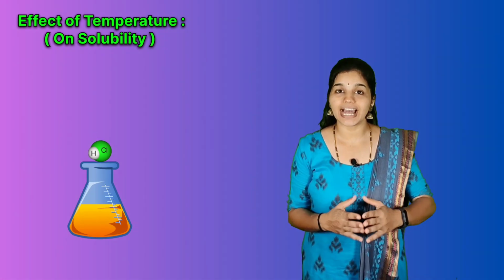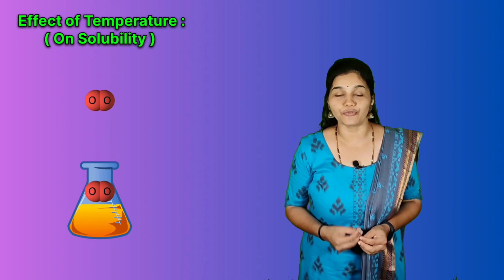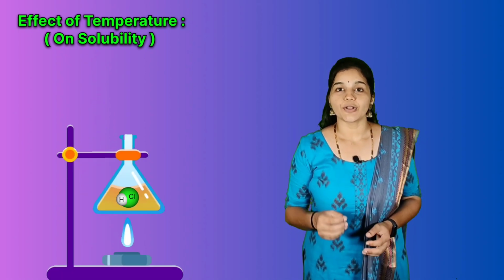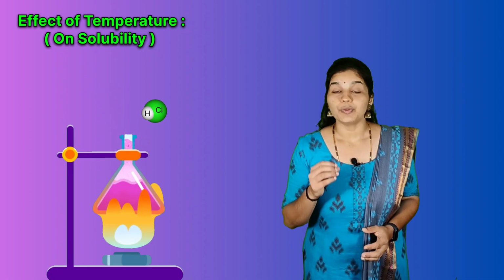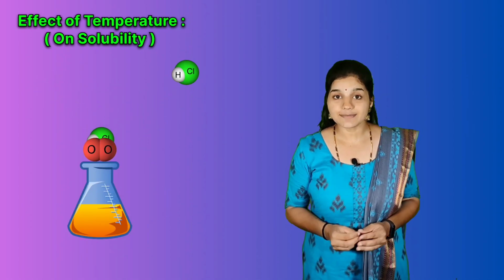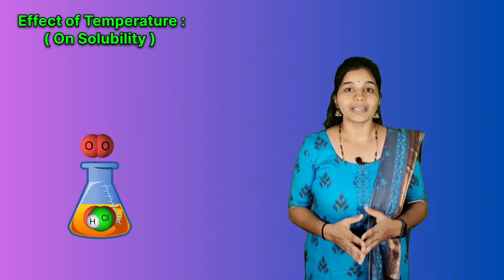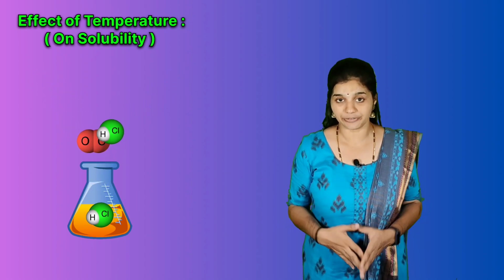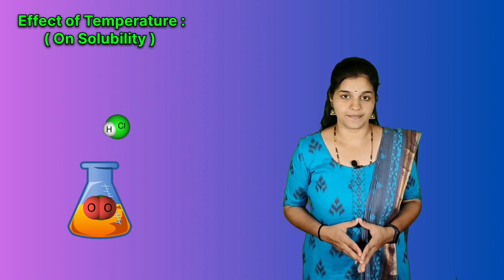Now, if we ask a question, how temperature will affect the solubility of gases in liquids? The answer is solubility of gases in liquids decreases with increase in temperature. When dissolved, these gas molecules are present in liquid phase. So, we can consider the process of dissolution of gas in liquid is similar to that of condensation process.